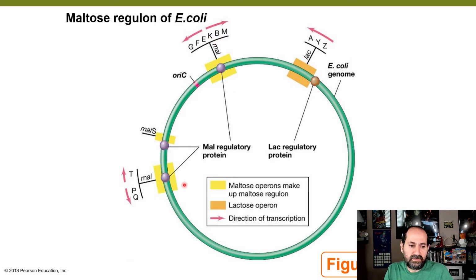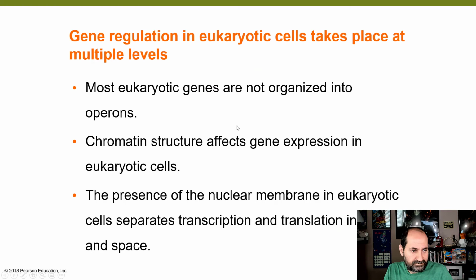So this is called a regulon because you have scattered genes throughout the genome, whereas the lac operon is simply a lac operon. It's not a regulon because all of the lac genes are localized to one locus on the DNA and under the control of one promoter. The lac operon is an example of just an operon, whereas for the maltose or mal genes, there are multiple mal operons and another mal gene here, and that's called a regulon.